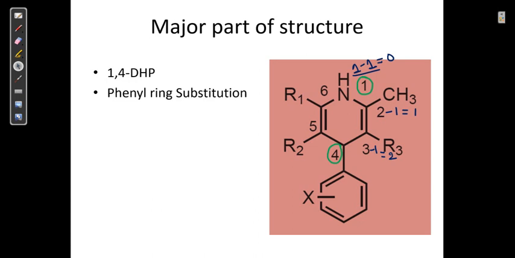So from 1, 2 and 3 we subtract 1, we get the answer, and based on that answer we come to the conclusion that this is 0. So I can say there is no substitution at all at position 1. This is a trick.